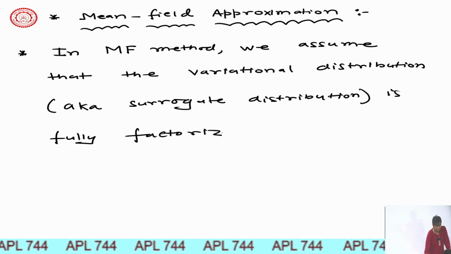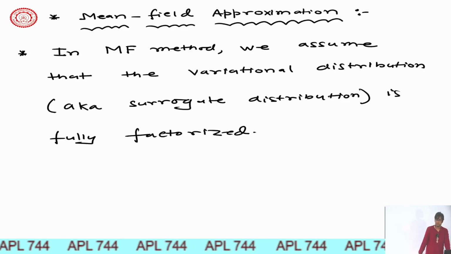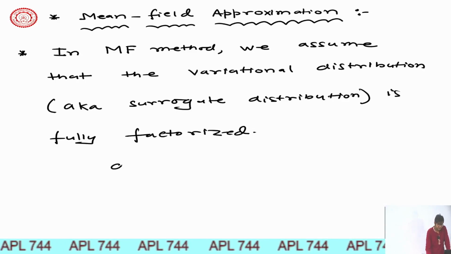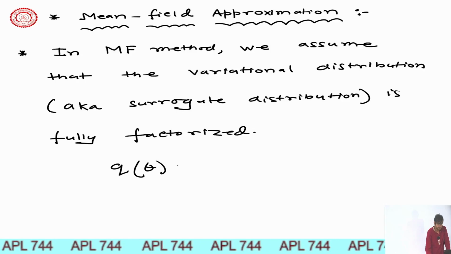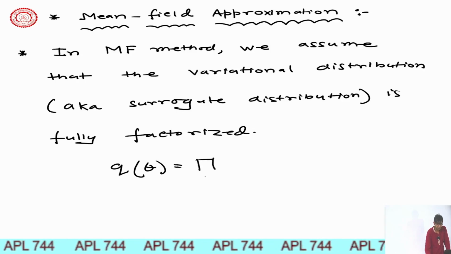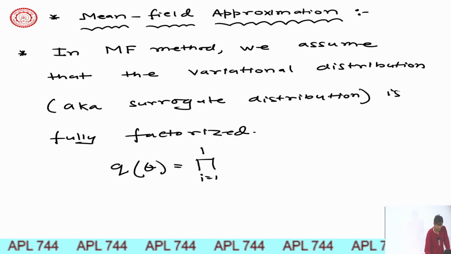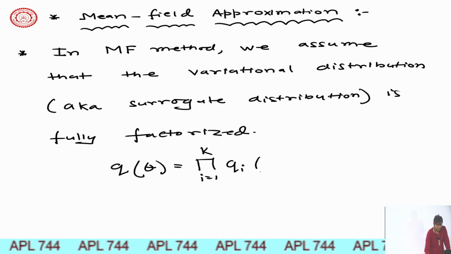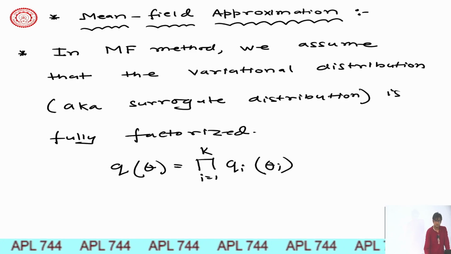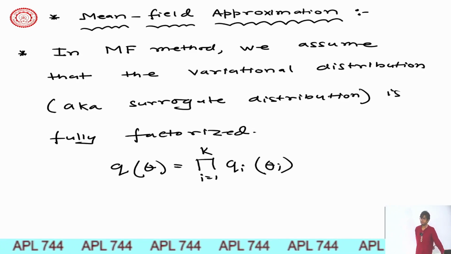Okay. What does it mean? It means that your q of theta can be written or decomposed as the product over i equal to 1 to capital K of q_i of theta_i. This is what it means.